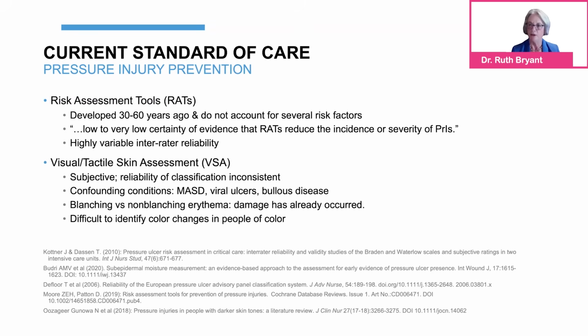So you're kind of late. You're kind of behind the 8 ball now with that visual skin assessment. But even more importantly, it's difficult to identify color changes in people of color. So I'm not advocating we throw these out at all. I'm saying we use these, and remember they're cornerstones, and we augment them now with our early detection devices.